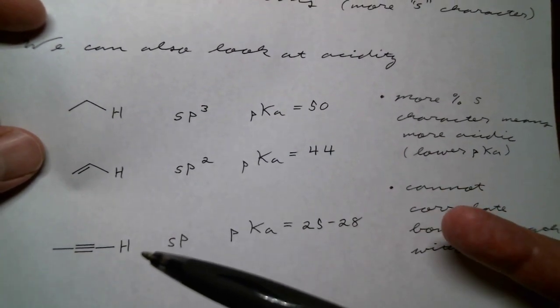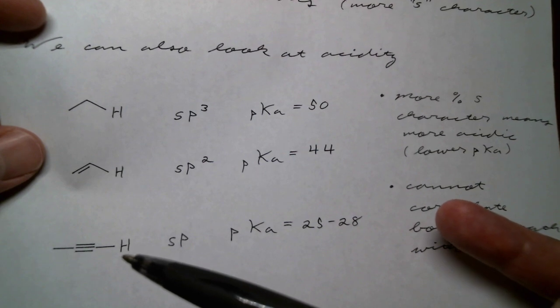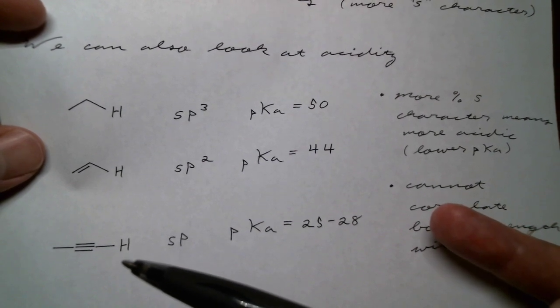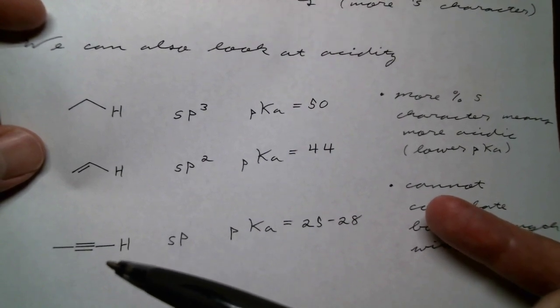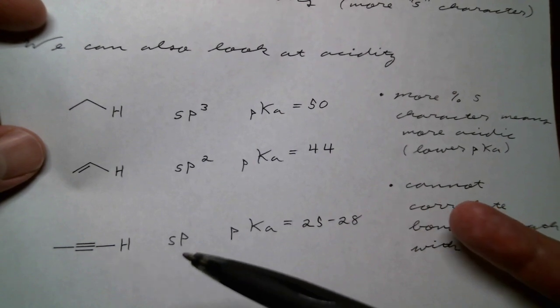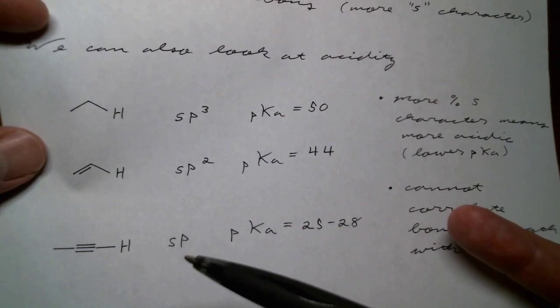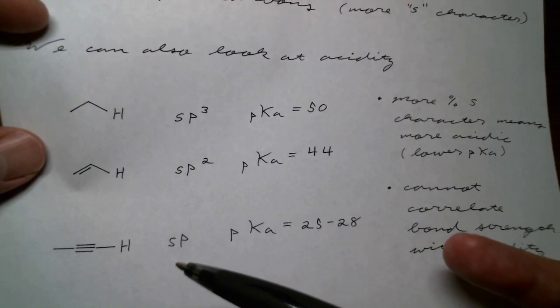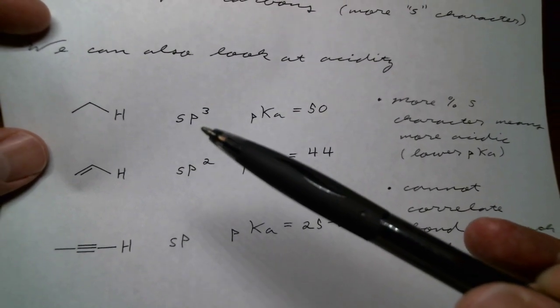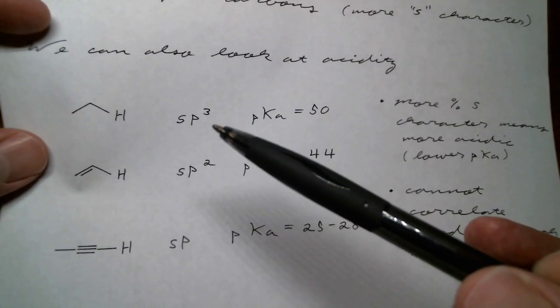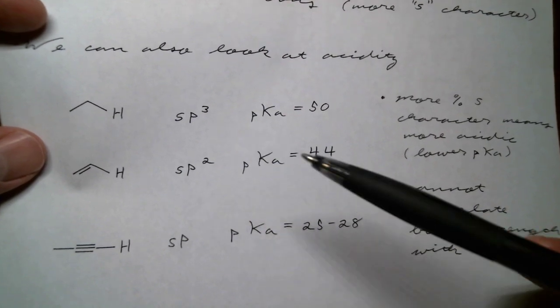So it's really quite remarkable that we can pull protons off of alkynes fairly easily, but then it's understandable because we leave those 2 electrons in an sp hybrid, which is 50% s character, so lower energy and more stable than, say, an sp3 hybrid.